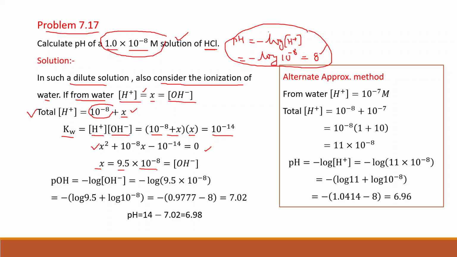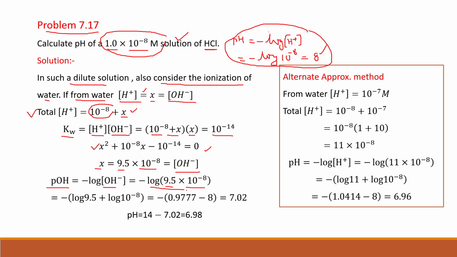This X is the concentration of hydrogen ion from water, which is also equal to the concentration of hydroxyl ion. So this is the concentration of hydroxyl ion, and we can find the pOH. Like pH, pOH is equal to minus log of hydroxyl ion concentration. So minus log of 9.5 × 10^-8.